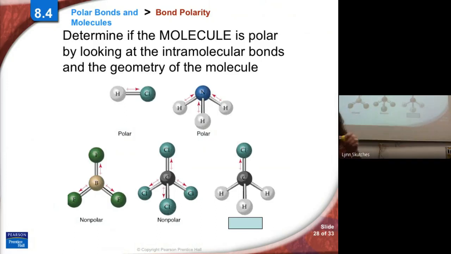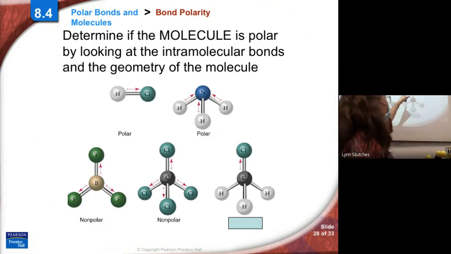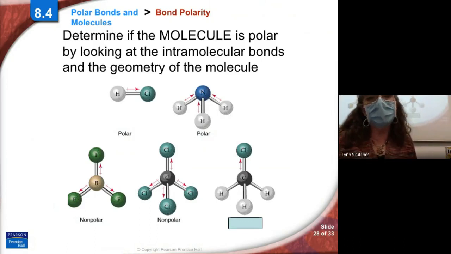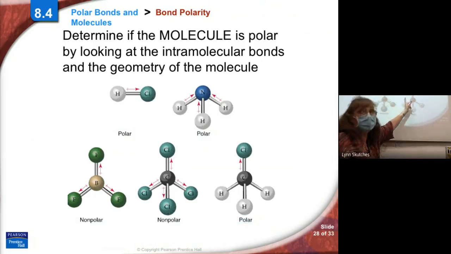It's not going to stick to itself. This one, on the other hand, if I took a methane and did a halogenation, right? I plopped on a chlorine. These are all equal, but this one's not. So it's going to be electronegative. The electrons are going to get pulled towards the chlorine like the arrow is showing.